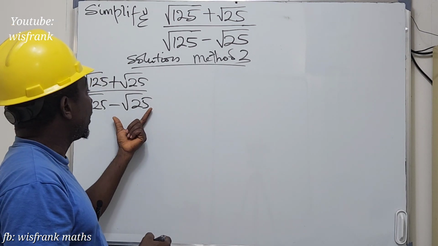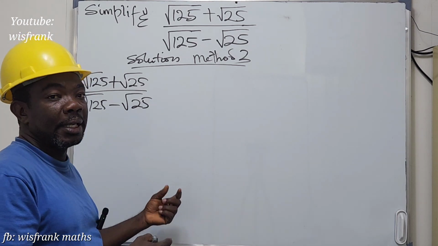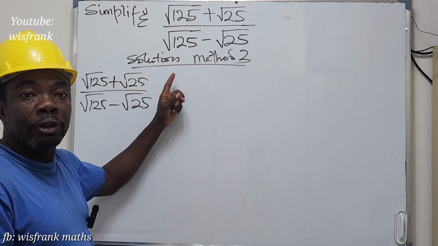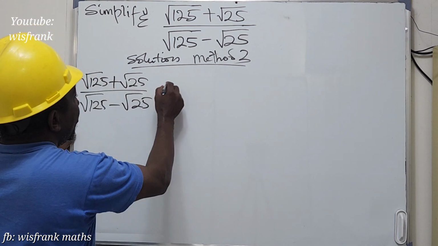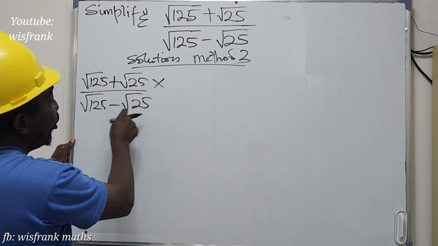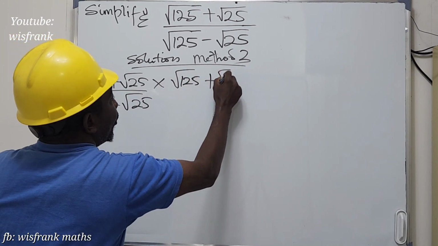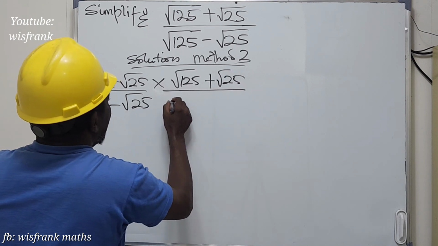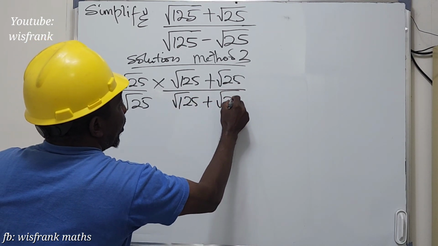What we are going to do is rationalize this by multiplying the numerator and the denominator by the conjugate of the denominator, which is square root of 125 plus square root of 25 all over square root of 125 plus square root of 25.